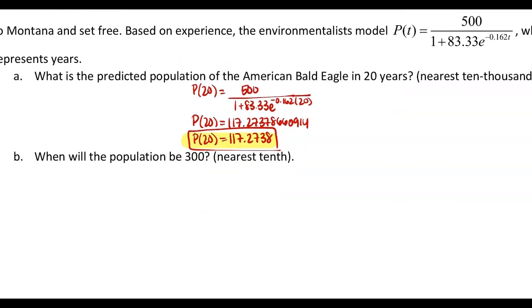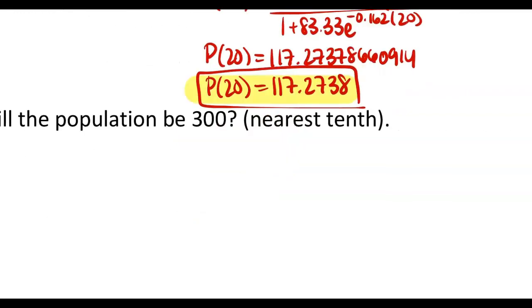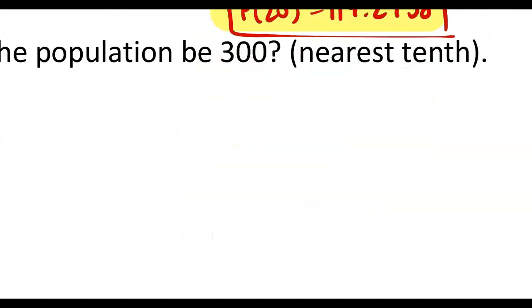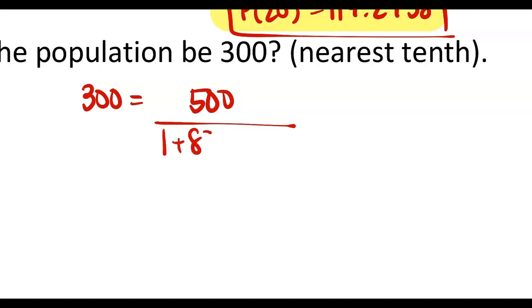So down here, I'm going to rewrite this with my 300. So we're going to have 300 equals 500 over 1 plus 83.33 e raised to the negative 0.162 t power. Remember, you don't need that 0 in front of the decimal. Pause the video now and see if you can solve this.